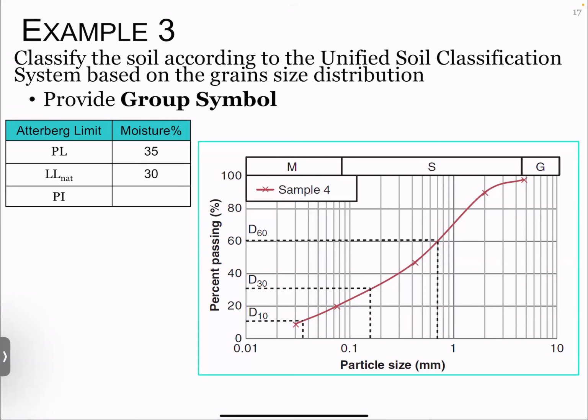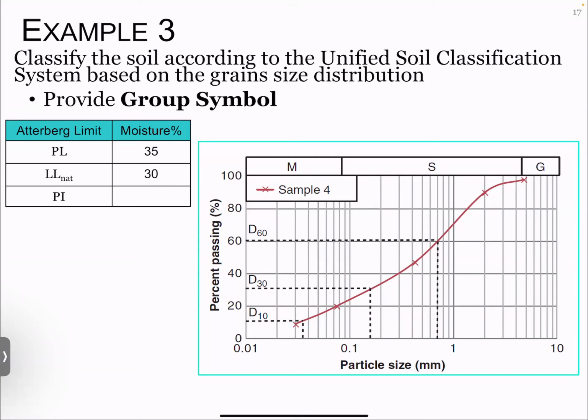This was not in your previous lecture notes from Tuesday. We're only given the grain size distribution plot, and learning how to read these is really important. With this, we're also given the fines data, the Atterberg limits. We have our plastic limit of 35% and our natural liquid limit is 30%.